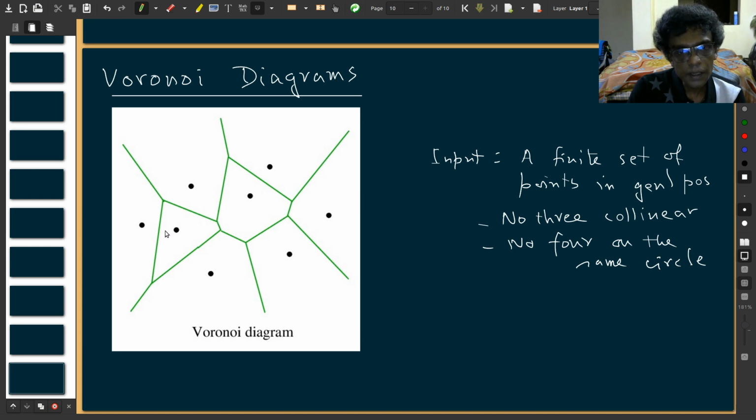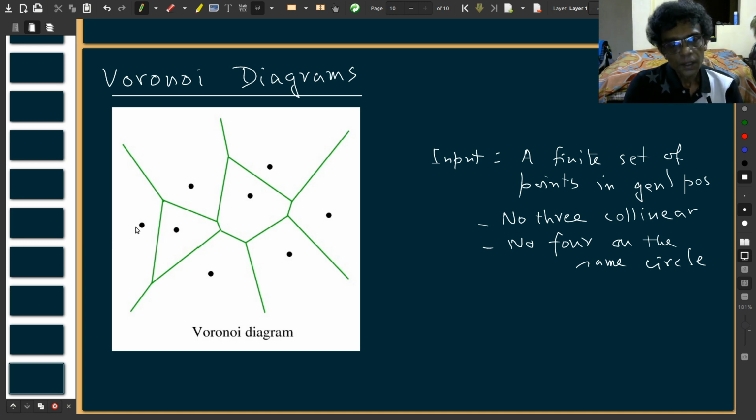Therefore, your only criterion for choosing a grocery store is proximity from your house. So people of this region will prefer this one because it is closest. Here in this region, they will choose this grocery store because this is closest.